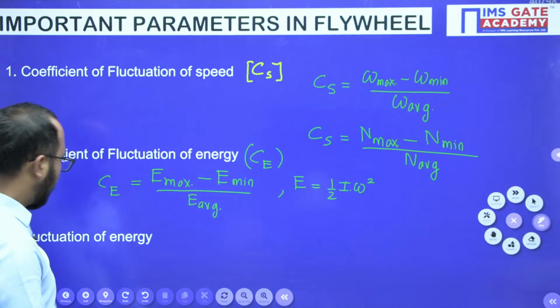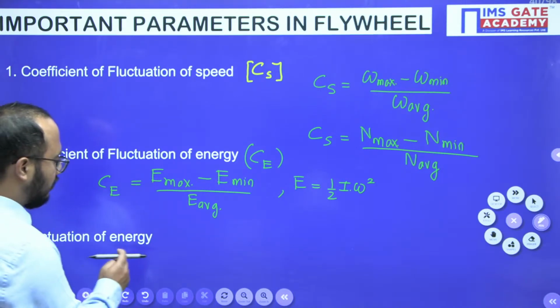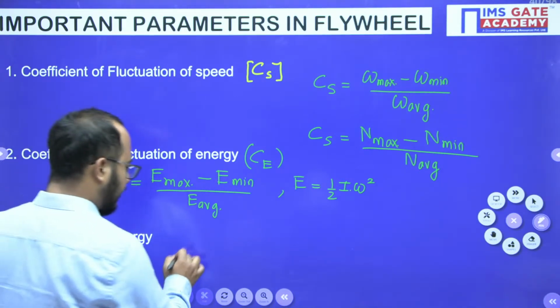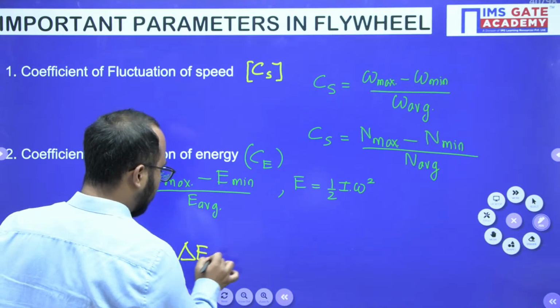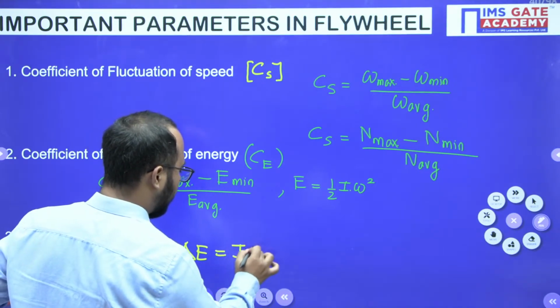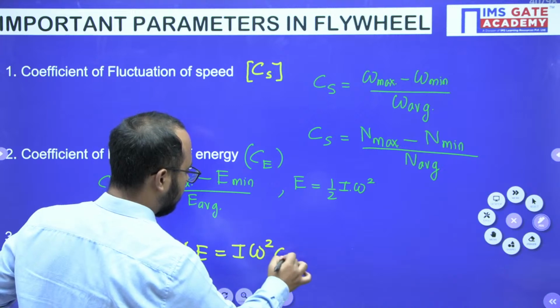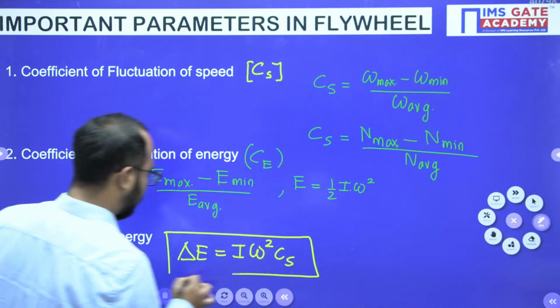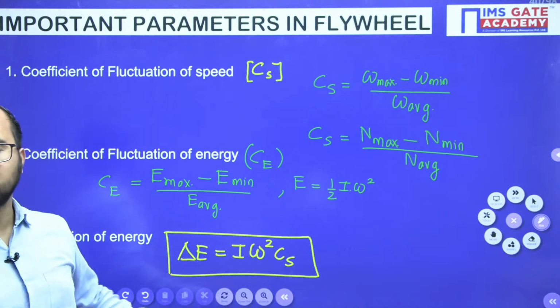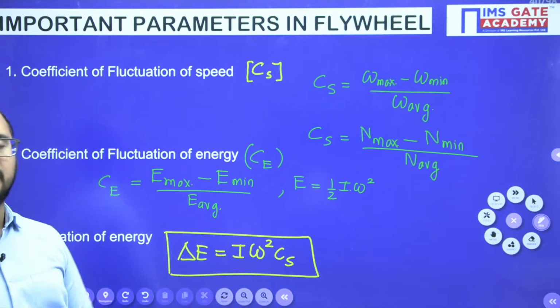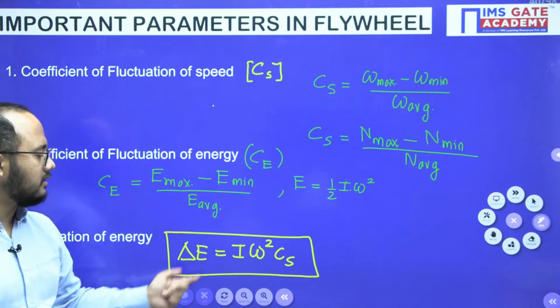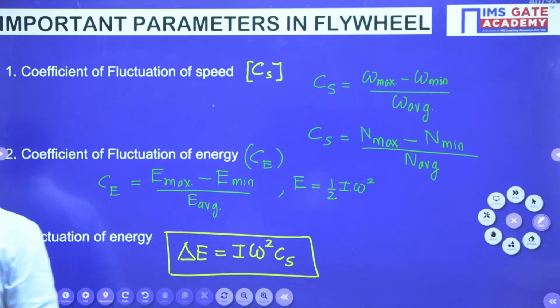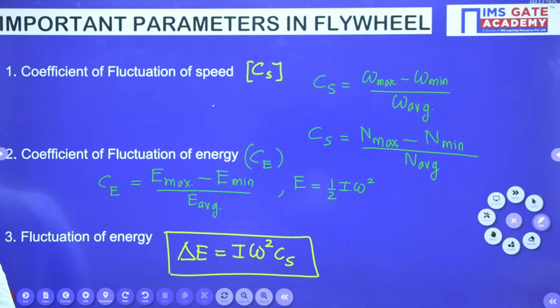Clear? Now, most importantly, the fluctuation of energy, right? The delta E formula actually is equal to I ω square CS. I ω square CS is the formula that you should remember. Most of the numericals are based on this formula only. These are the supporting parameters. Most importantly, they will be asking delta E, the fluctuation of energy, I ω square CS.